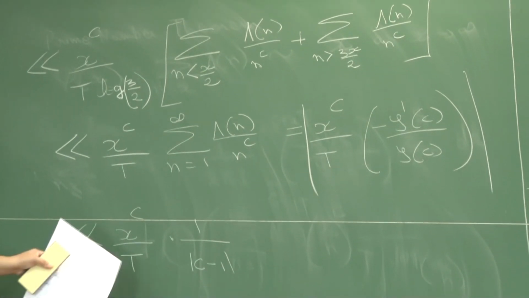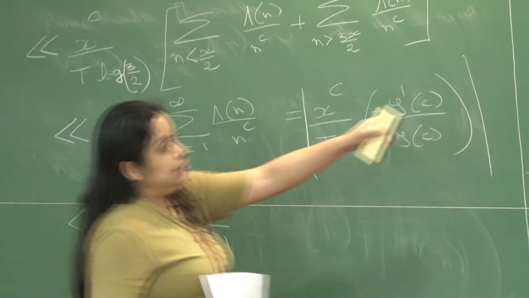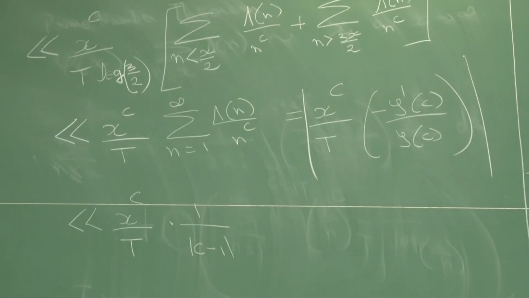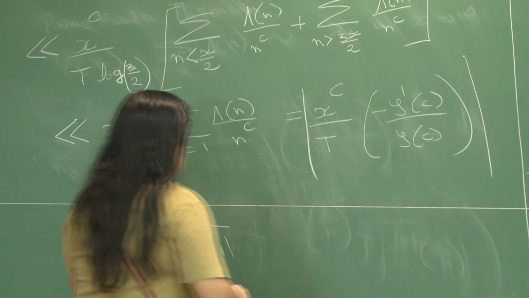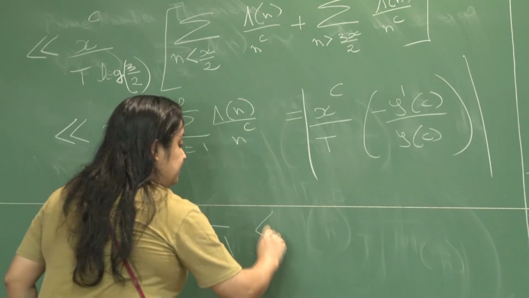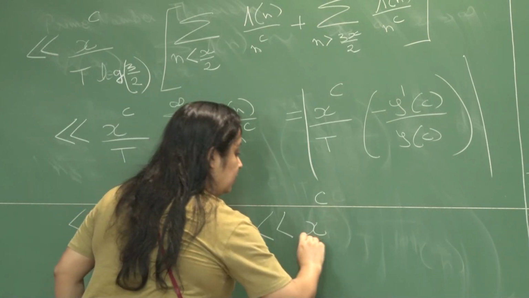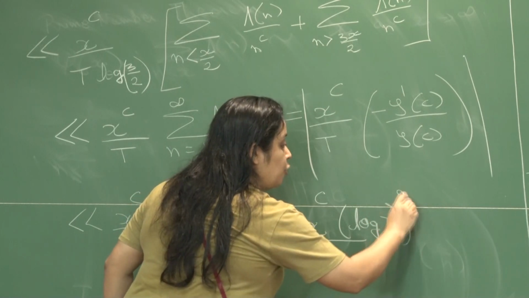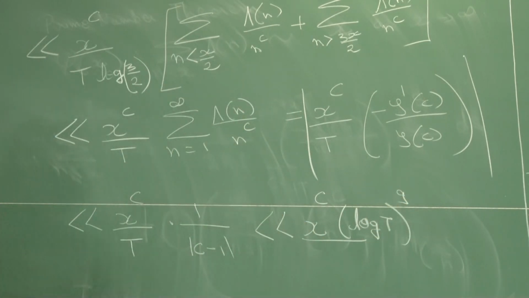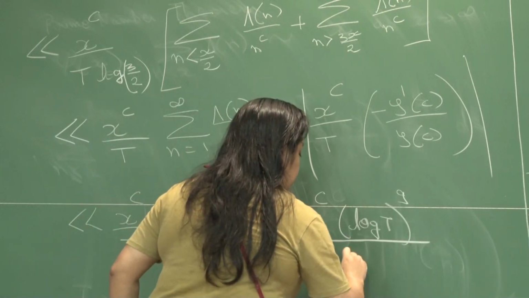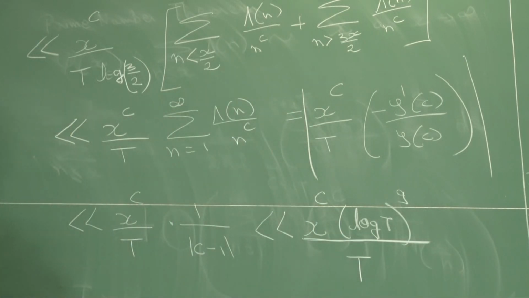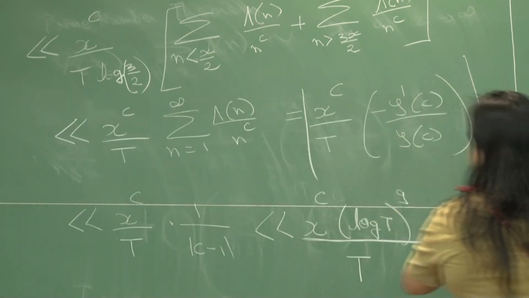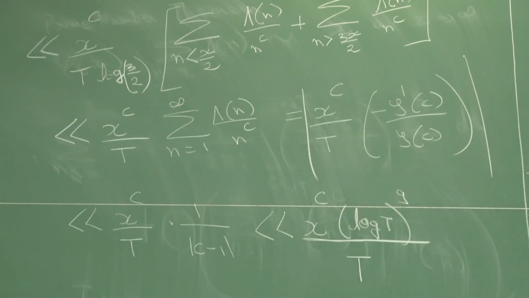And what was our choice of c? c was 1 plus a1 prime over log T raised to the 9. So c minus 1 is a1 prime over log T raised to the 9. So 1 over absolute c minus 1 gives you a contribution of a power of log T in the numerator over capital T. So this takes care of the tails.